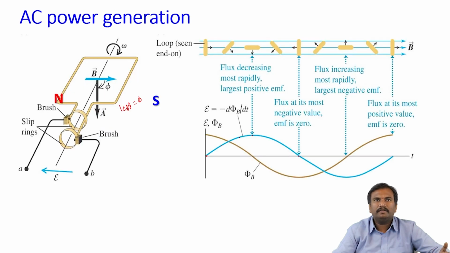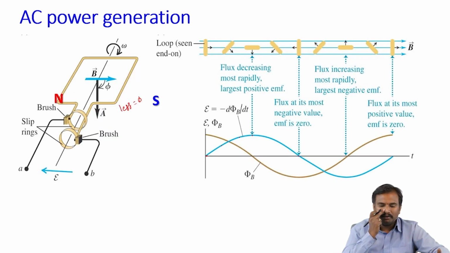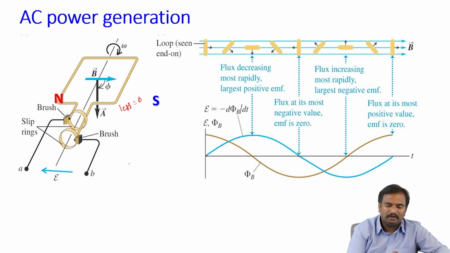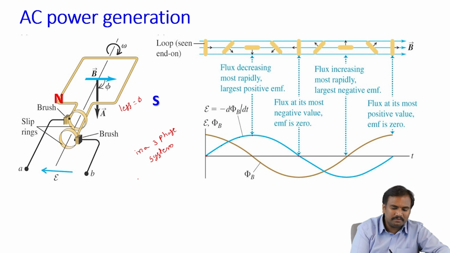Now for the next waveform, in a three-phase system each and every phase is displaced by an angle of 120 degrees.